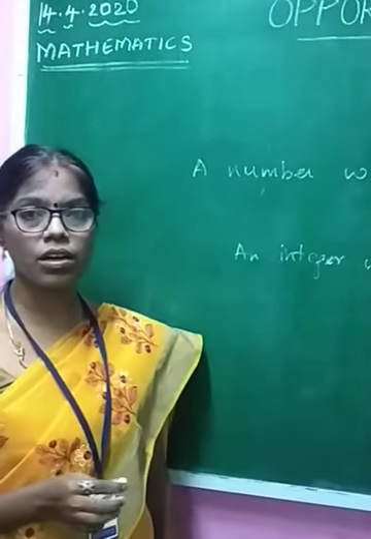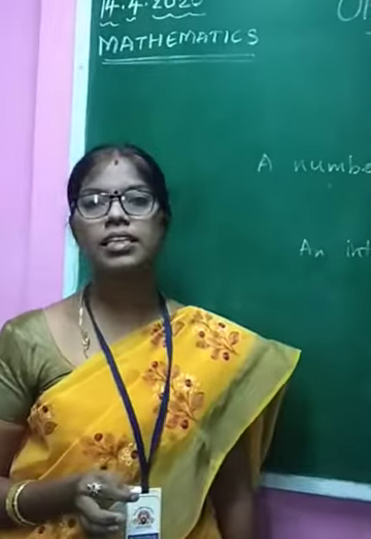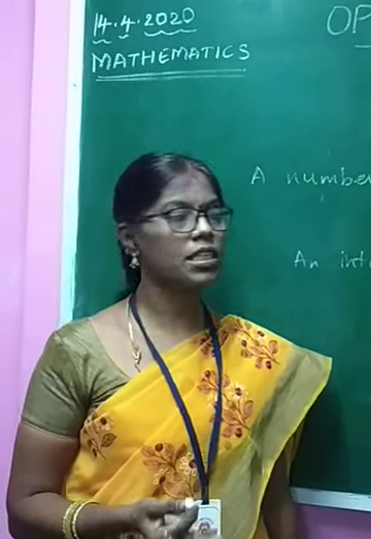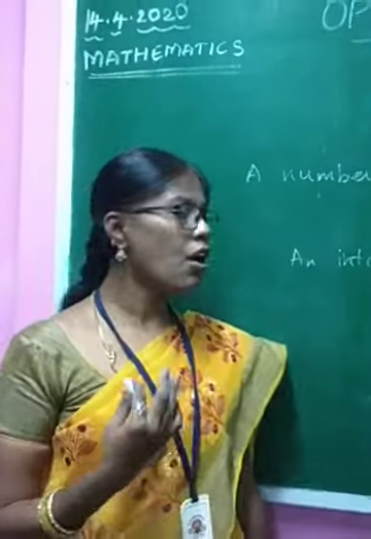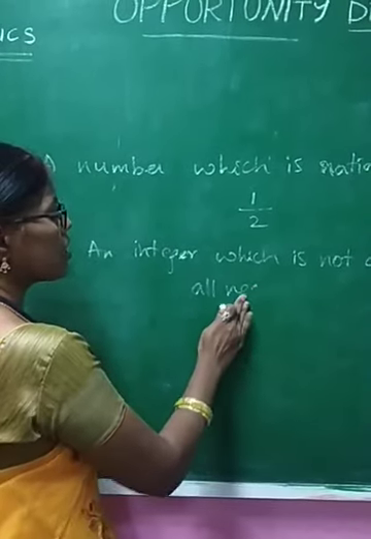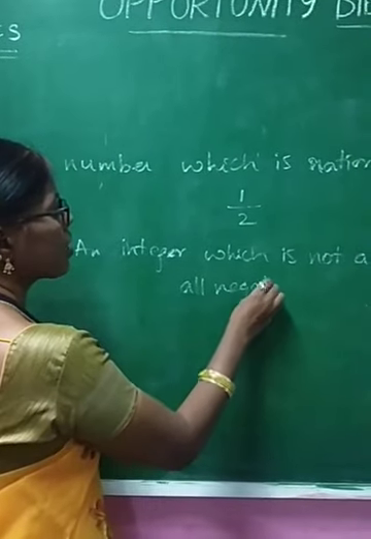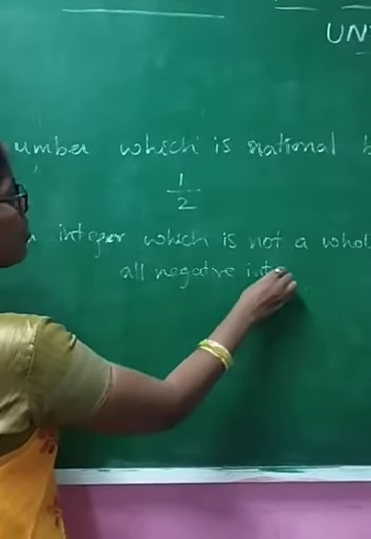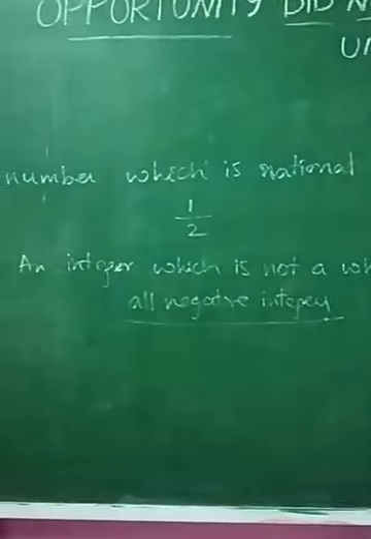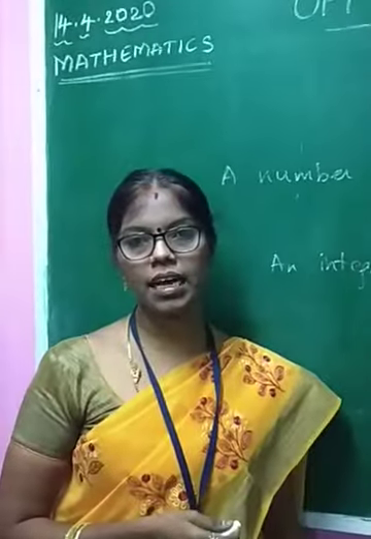And integers include both positive and negative integers. So here we can take all negative integers as the example of integers which are not whole numbers.